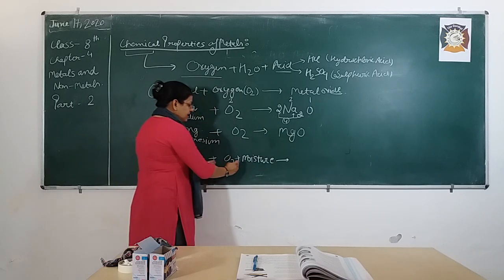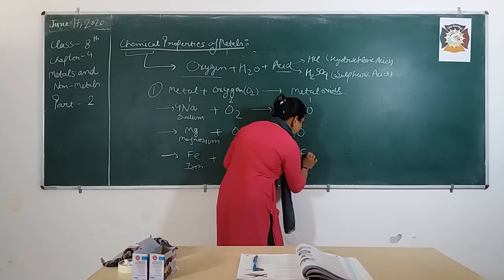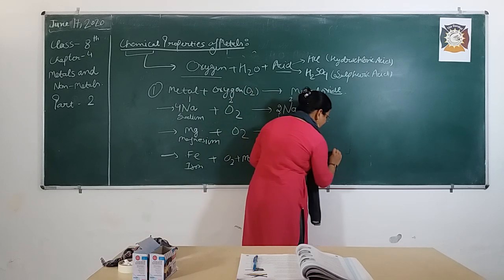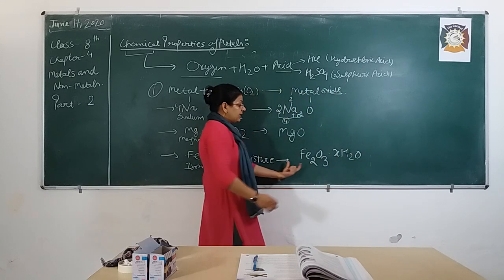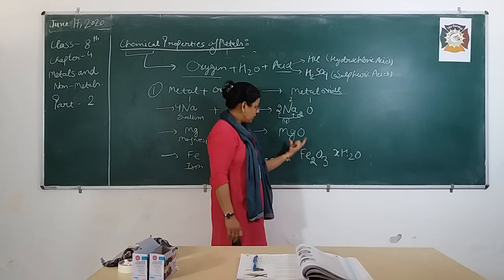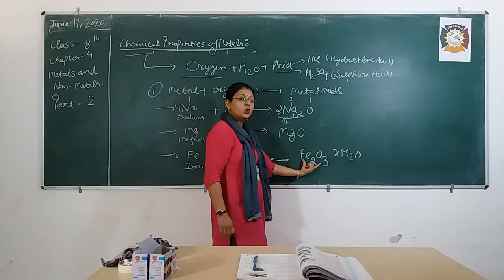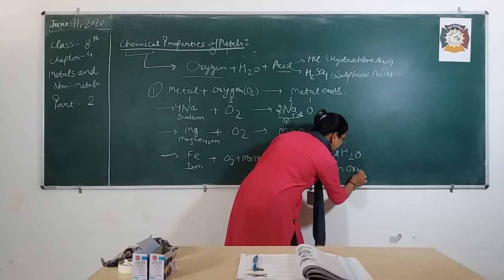So here iron, when it reacts with oxygen in the presence of moisture, leads to the formation of Fe2O3.xH2O. बच्चे, this is iron oxide, okay, like magnesium oxide, sodium oxide. This is the formula Fe2O3, that is iron oxide.